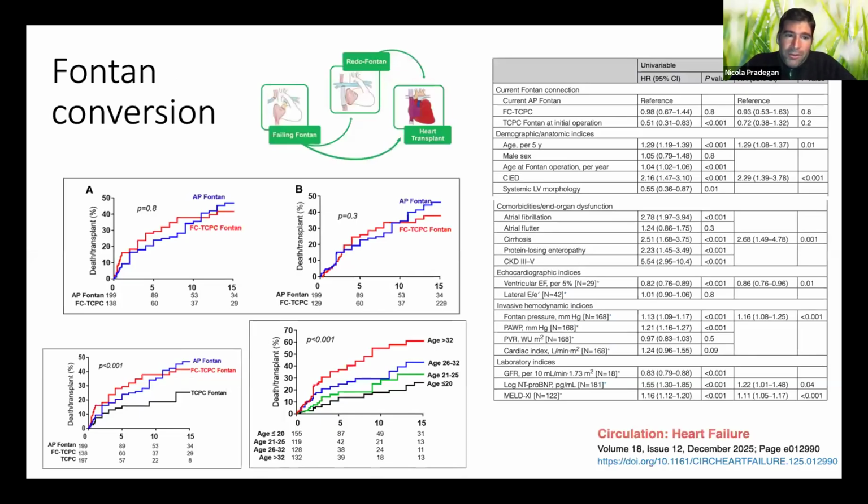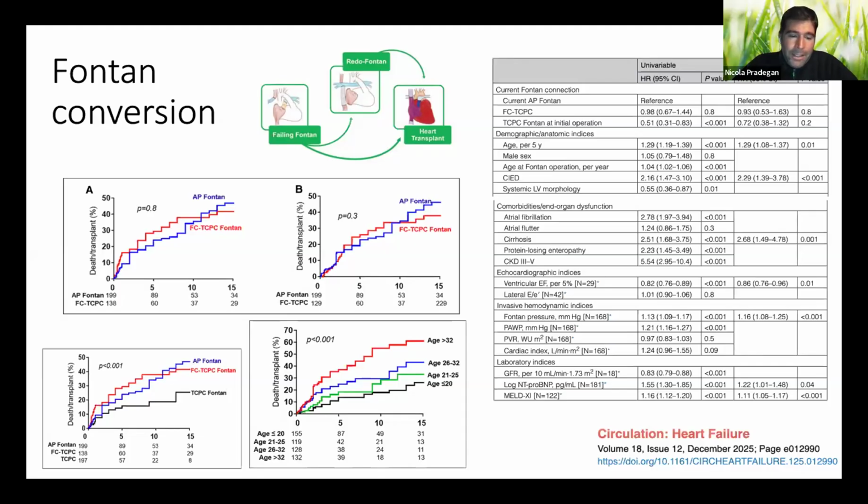Just a few words regarding Fontan conversion. In the last decades, especially pediatric cardiac surgeons and congenital cardiac surgeons collected a lot of data regarding the Fontan conversion, also known as redo Fontan. But I think for a transplantologist, this interesting paper recently published in Circulation Heart Failure in December 2025 definitely, I would say, summarizes what probably Fontan conversion represents nowadays.